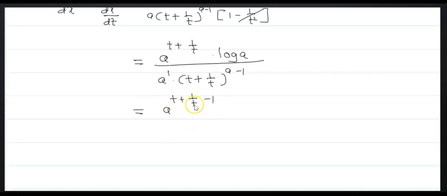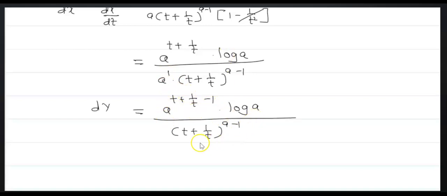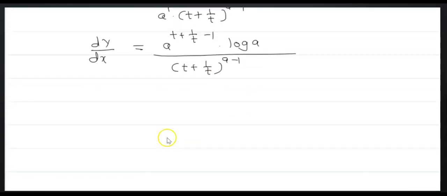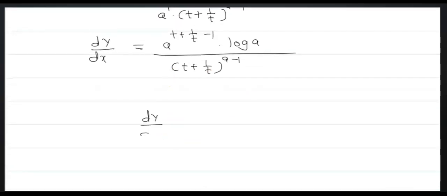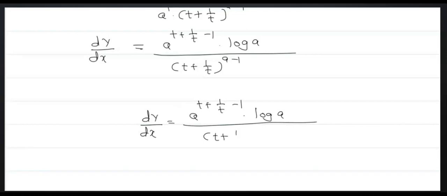Therefore, a raised to (t plus 1 upon t) minus 1, here this is a raised to 1, into log of a. Therefore, dy/dx is equal to a raised to (t plus 1 upon t) minus 1 into log of a upon (t plus 1 upon t) raised to a minus 1.